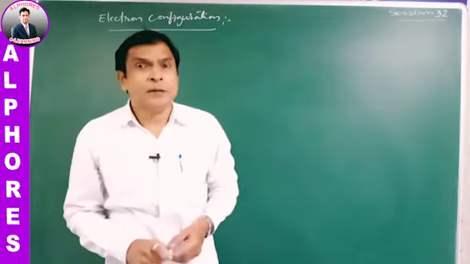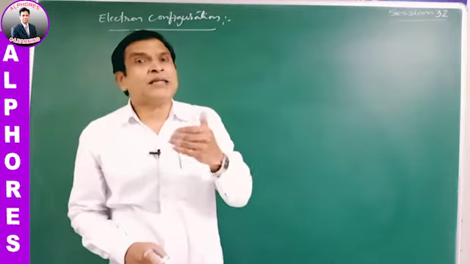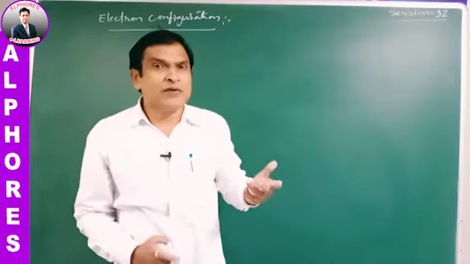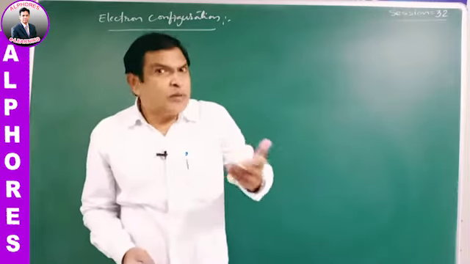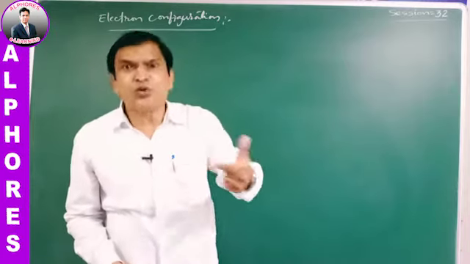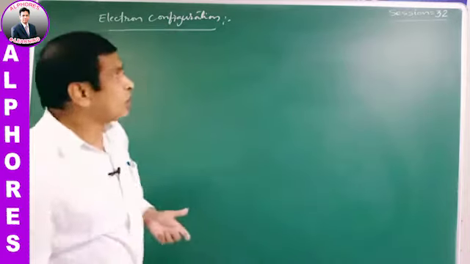The systematic arrangement of electrons among the atomic orbitals based on some arbitrary rules is called electron configuration.